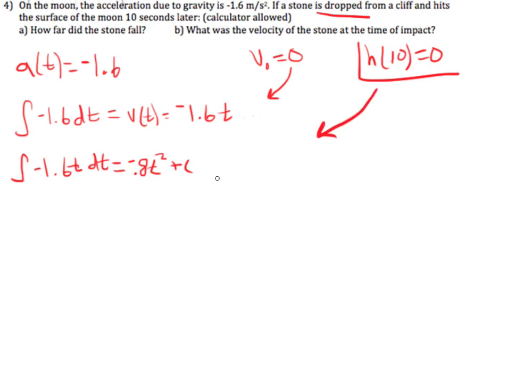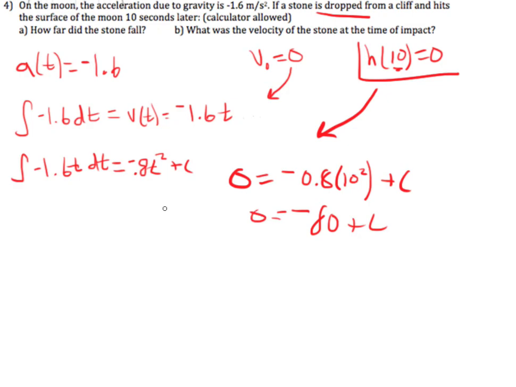Now we got to use that fact, h of 10 equals 0, and we could say 0 equals negative 0.8 t squared. Sorry, I don't want t because t is 10, so negative 0.8 times 10 squared plus c, and then if I solve that out, 10 squared is 100. 100 times 0.8 is 80, so we get negative 80 plus c equals 0, and then we'll get c equals 80.